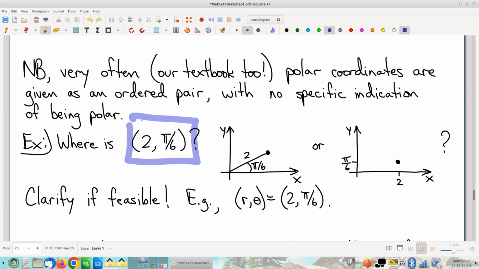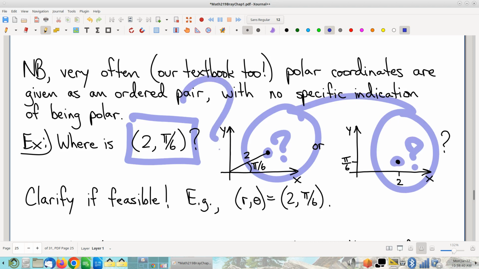And yet, 2 is a real number that could totally be x, and pi over 6, weird though it might seem, is just a real number, and that could also be y. So technically, this could refer to the r comma theta, or it could refer to the x comma y, and these are different points, and it is not clear which one of these that means.